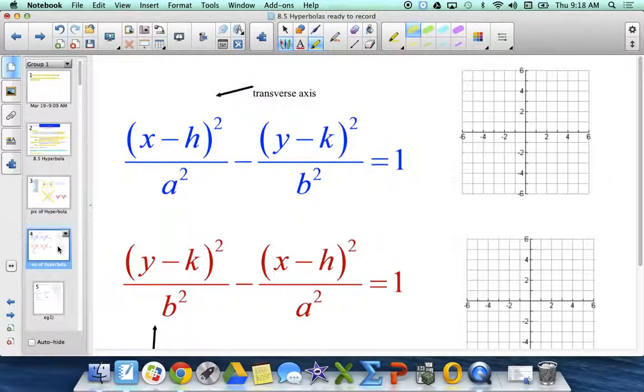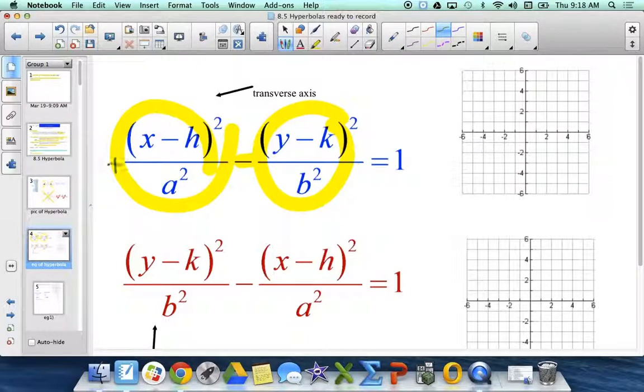So let's go back and look at the equations. You'll notice on the first equation that the minus sign is in front of the y, so it is the conjugate axis. And the positive term, this is positive here, is a transverse axis.